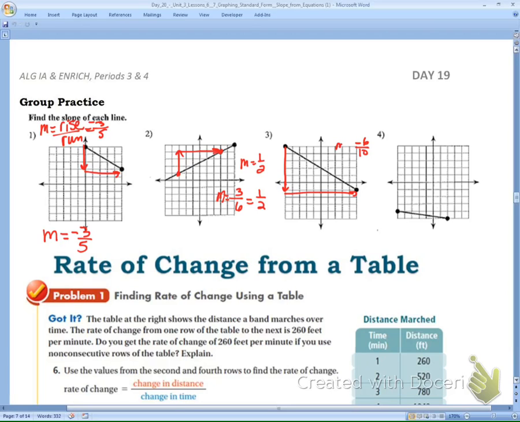Negative 6 over 10 is your slope, but you do need to reduce that to negative 3/5. And the last one. Again, starting at the leftmost point, and notice that the other point is below it, so we have to go down, where it's a negative 1. And over how many? 1, 2, 3, 4, 5, 6, 7. Looks like 7. So your slope is equal to negative 1 over 7.